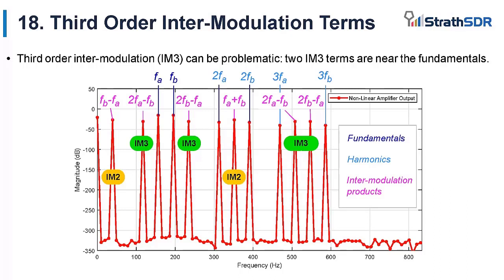Notice that there are 2 third order intermodulation products labelled IM3, which are very close to the fundamentals FA and FB, and these can be particularly troublesome. It's very difficult to filter out unwanted components that are very close to the signal of interest, because a very sharp cutoff would be required.